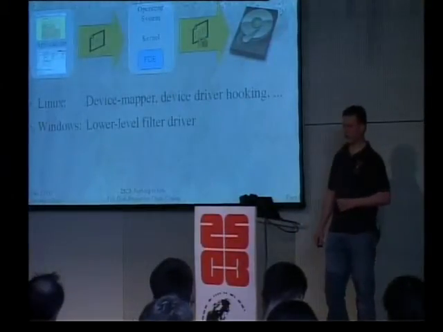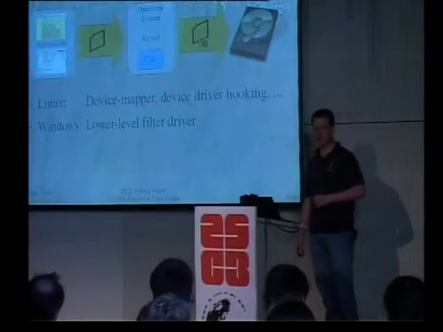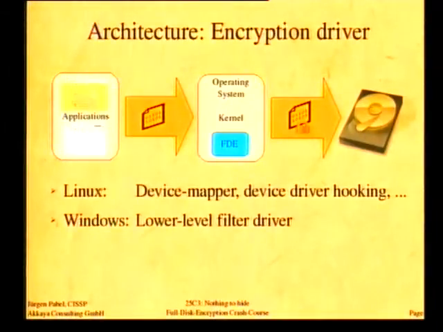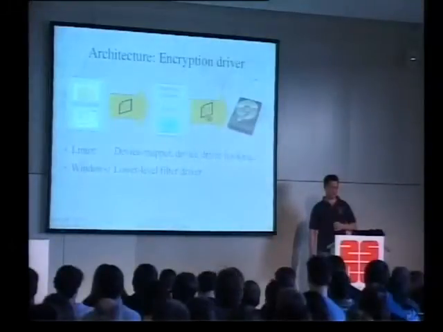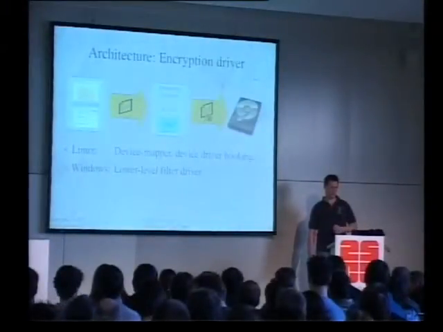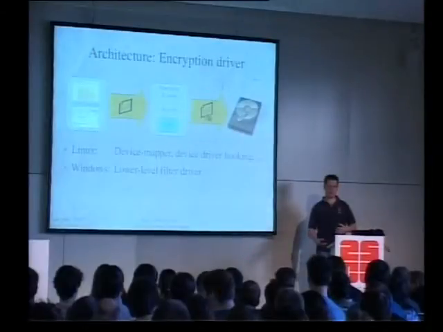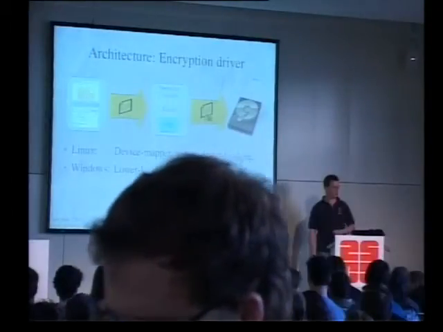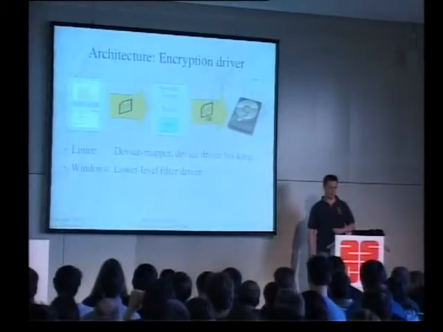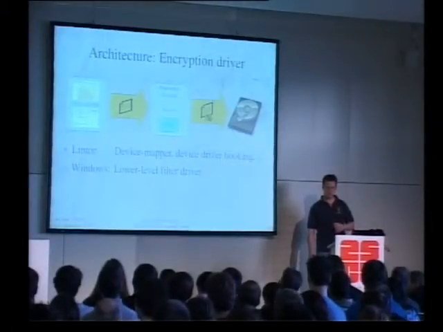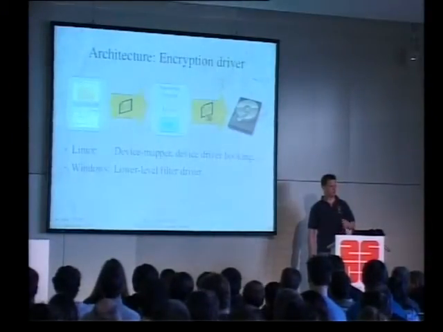In Windows, you have lower level filter drivers. Every Windows driver has a higher and a lower level filter driver, which is sort of a callback mechanism. It allows you to filter stuff, to work around bugs maybe. And the lower level filter driver is also used to encrypt and decrypt the data to and from the hard disk.